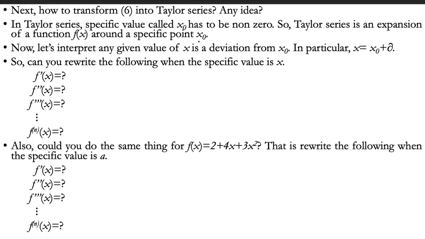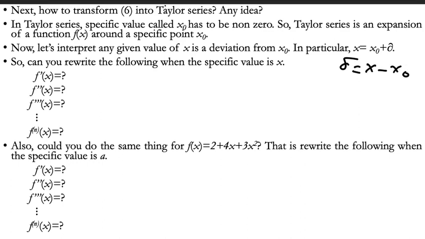So let's say we take any value x, and x is a deviation from x0, and in particular x is equivalent to x0 plus delta. So delta here is basically the deviation, the difference between x and x0, isn't it?